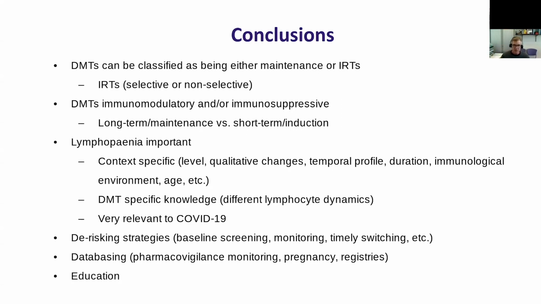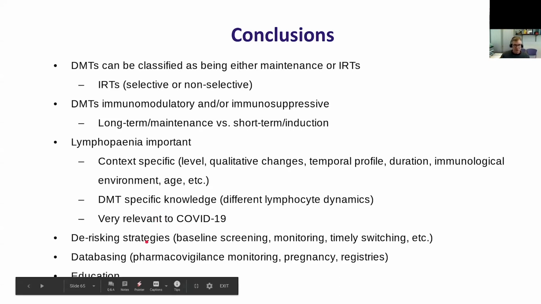Now, I'm not saying we should switch treatments, but if somebody is on a long-term anti-CD20 therapy, you may want to delay dosing to allow some B-cell reconstitution so that they can mount a good antibody response to the vaccine, for example.